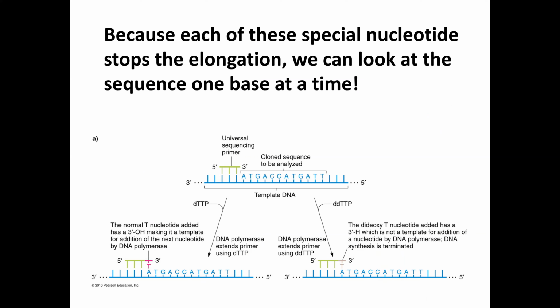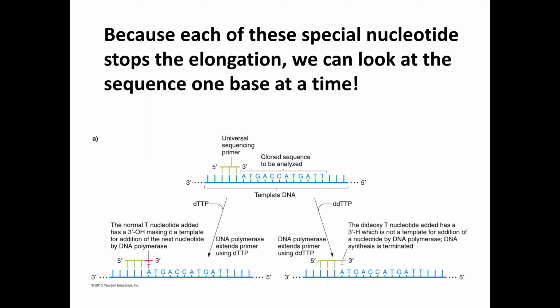In this tube sequencing reaction, a normal PCR would have a set of our regular deoxynucleotides or dNTPs. The sequencing reaction will have these dNTPs, these normal ones, but they'll also have a set of each of the dideoxy or terminating nucleotides.